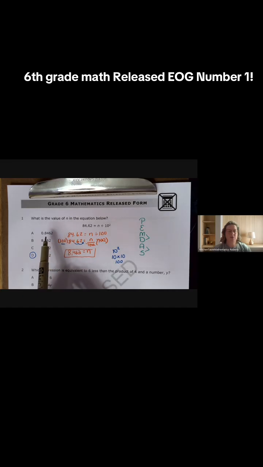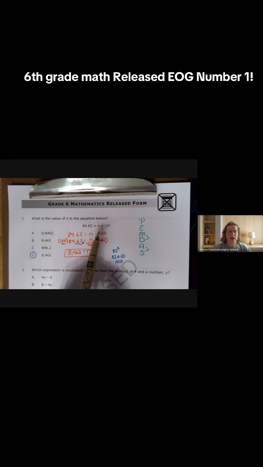Like 0.8462, 8,462 ten-thousandths, that's hard to say, divided by 100 would move that decimal 2 spaces, which they would know is not equal to 84.62. Okay. So anyway, hope this helped.